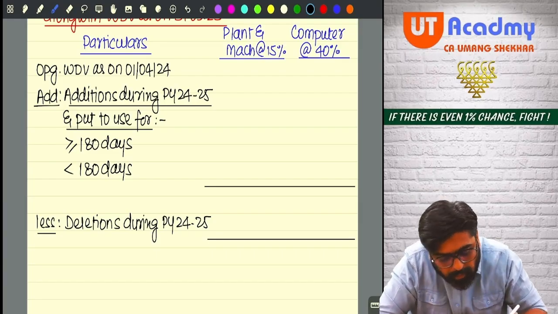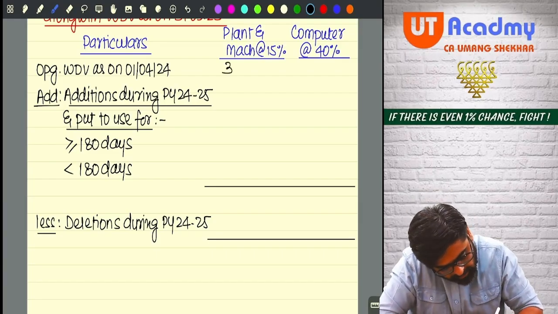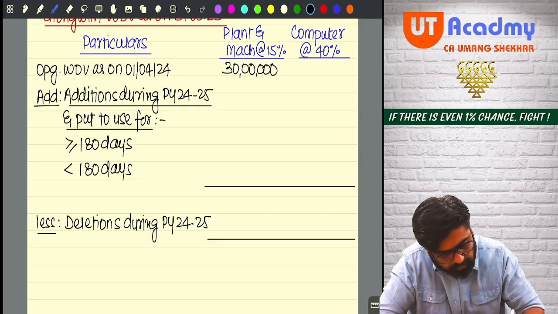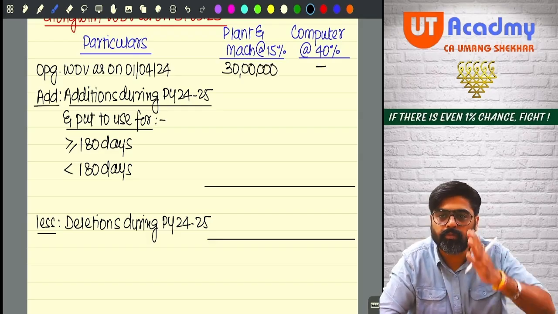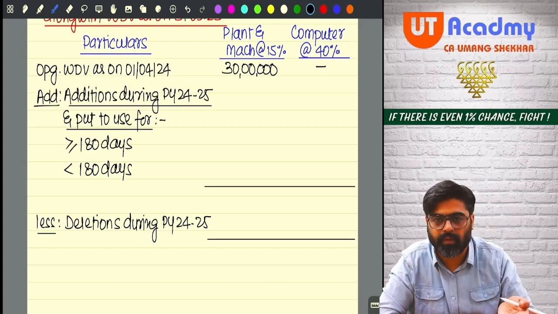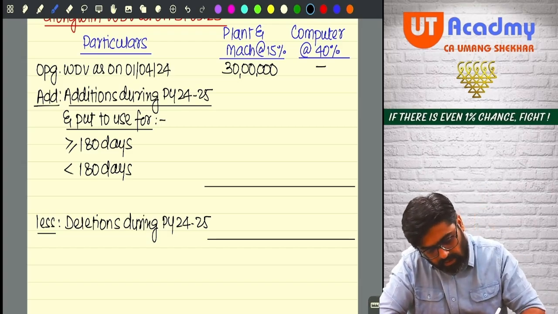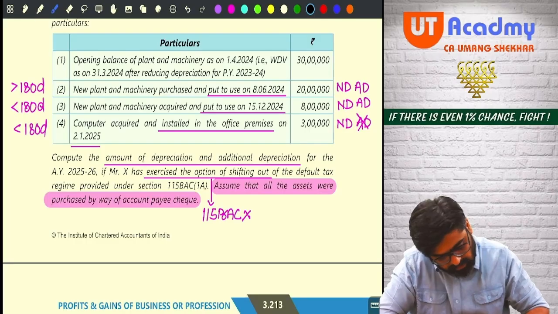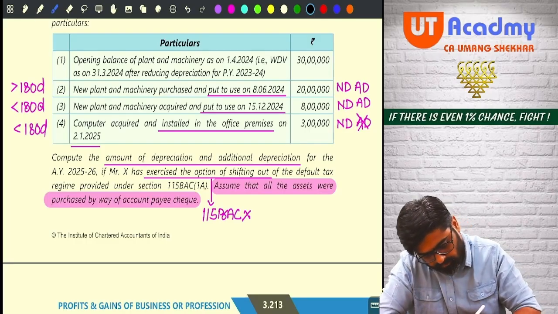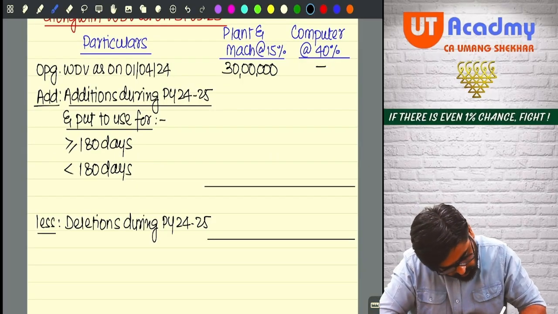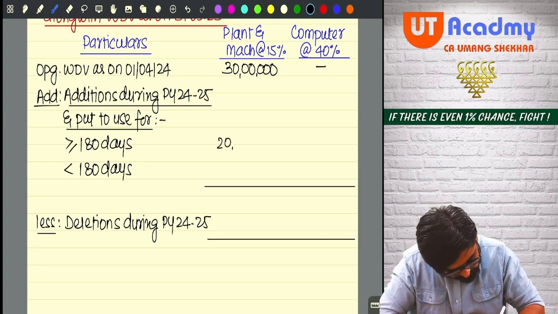Opening WDV for plant and machinery is given as 30 lakhs. What should I write in computer? There was no opening. This block is made for the first time. Additions greater than equal to 180 days, how much? 20 lakhs. So 20 lakhs I will write here.